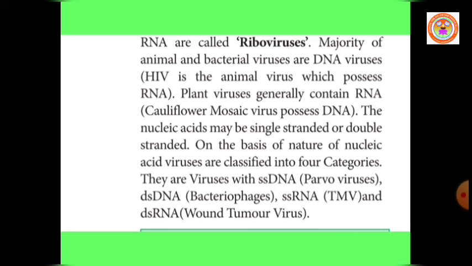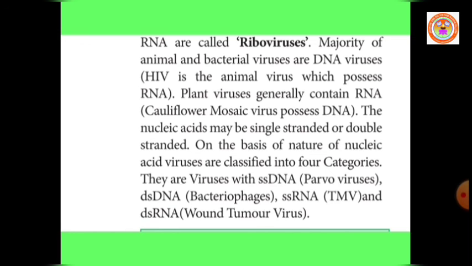Viruses which contain DNA that is single stranded: parvoviruses. Viruses which contain double stranded DNA: bacteriophage. Viruses which contain single stranded RNA: tobacco mosaic virus. Viruses which contain double stranded RNA: wound tumor viruses. These are some of the examples.